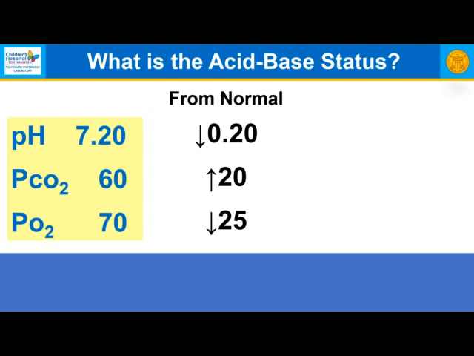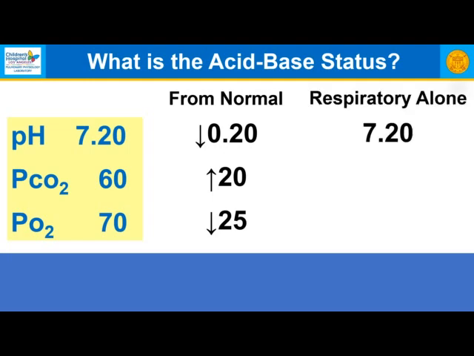PCO2 is increased 20, okay? So the next question is, what pH would you expect from a PCO2 of 60? Remember, it's 1 up, 1 down. PCO2 is up 20 torr, so the pH is going to have to be down 20 hundredths of a pH unit, which would be 7.2.